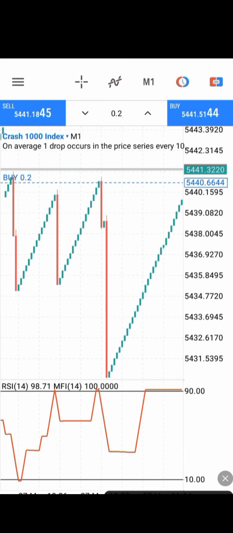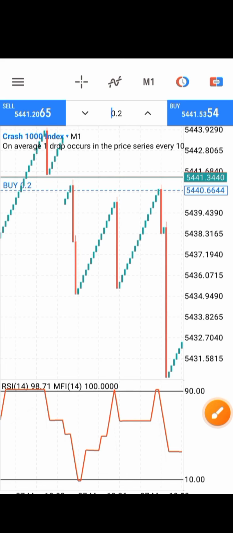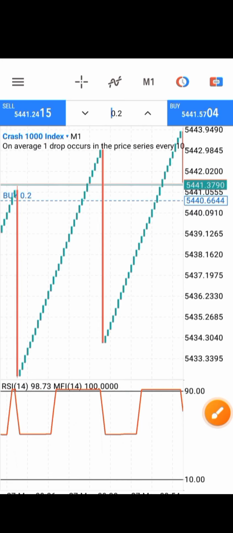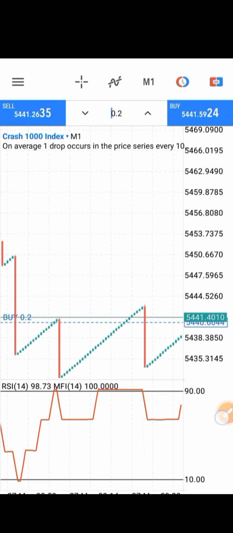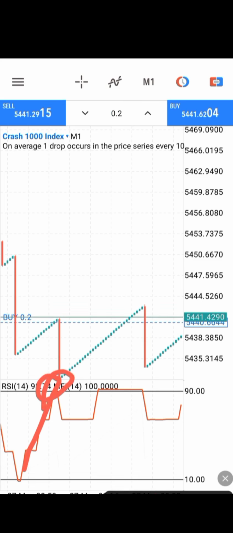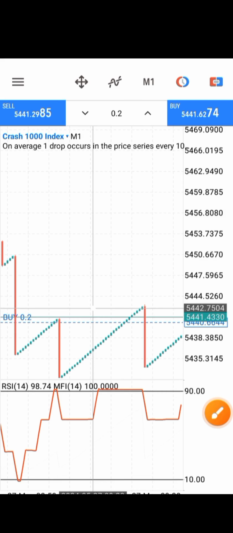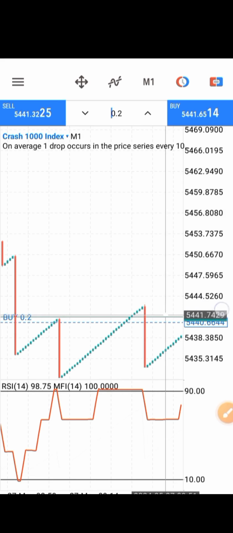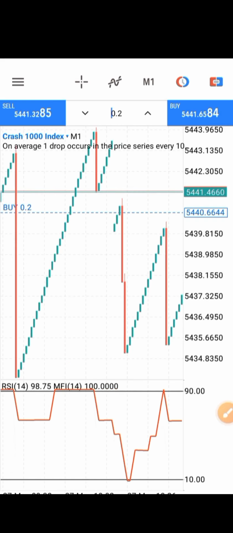The spike happens here, you enter for buy here, count your five candles. The spike occurs here, you enter for buy here, count your five candles. The market drags the MFI to the level 90, the spike occurs here, so you enter for buy at this level, you count your five candles, another spike occurs, count your five candles. So you can see that this indicator has the power of giving you multiple signals, a lot of signals in a day.